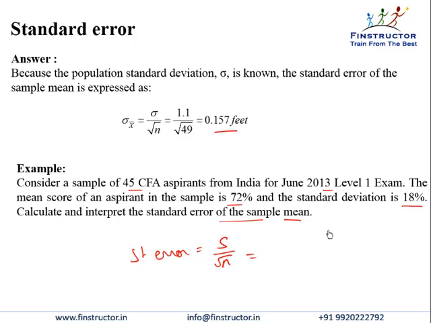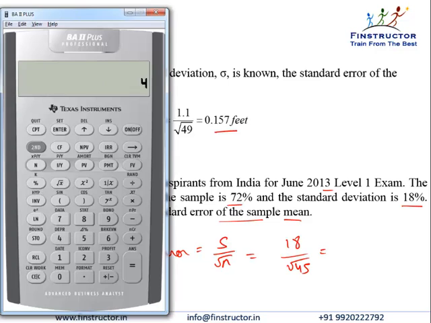So the sample standard deviation is given to be 18% upon square root of 45. So square root of 45 is 6.7. Store this in 1. 18 divided by recall 1 comes out to be 2.7 approximately.